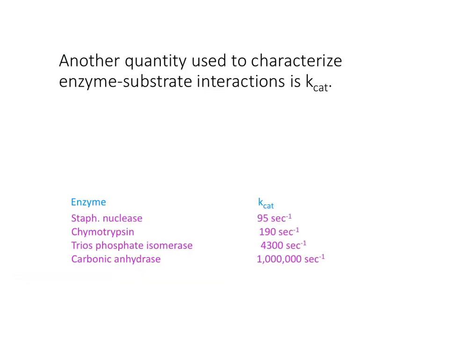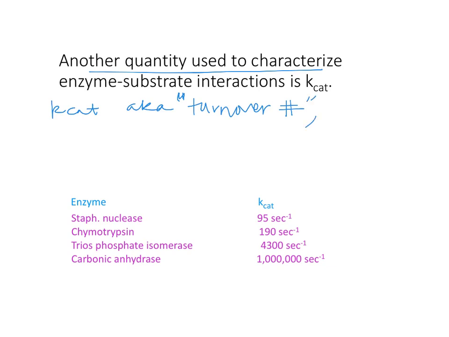All right, so kcat is another quantity used to characterize enzyme-substrate interactions. kcat is also known as the "turnover number." Put this in quotes. It's also known as the "catalytic constant."